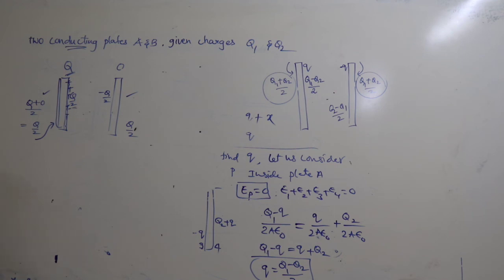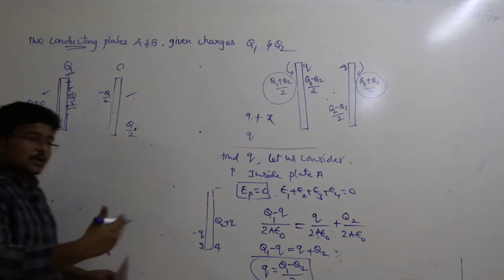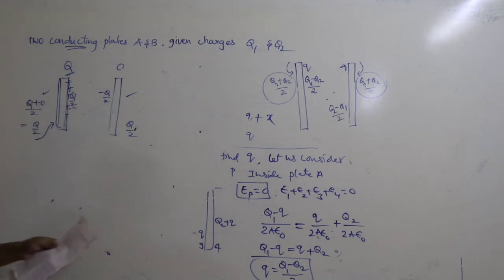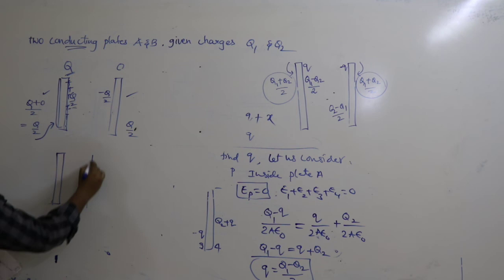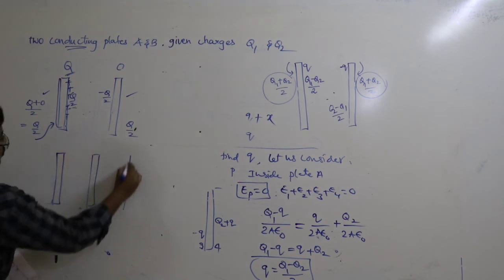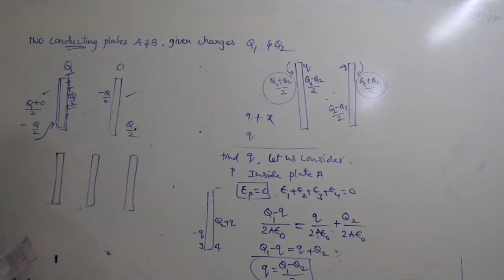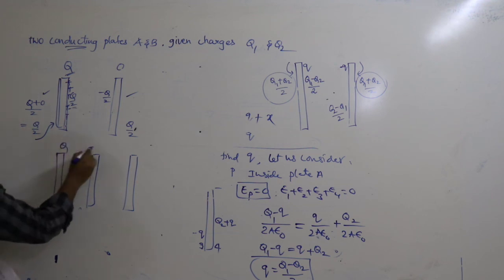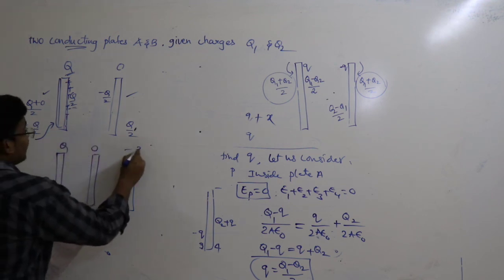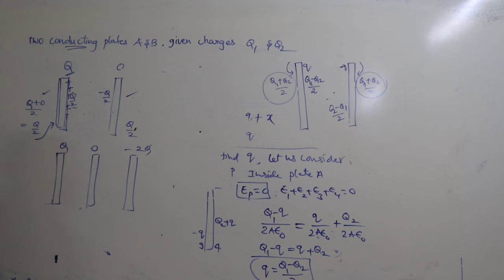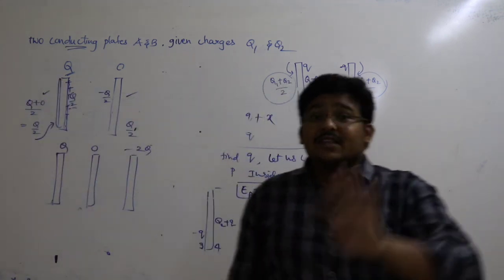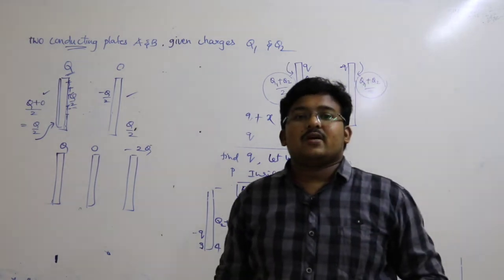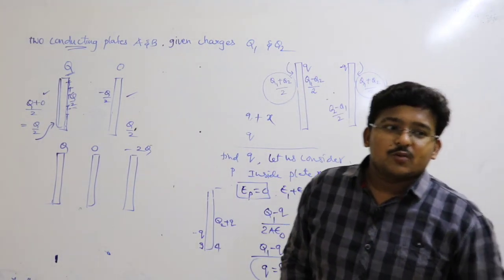Okay, right. Sir, if you take three plates, now I am taking three plates, 1, 2, 3. What might be the procedure? The charges are q, 0, and here they have given minus 2q. So q, 0, minus 2q. Now how many surfaces are there? Three plates means six surfaces. How will the charges be accumulated?